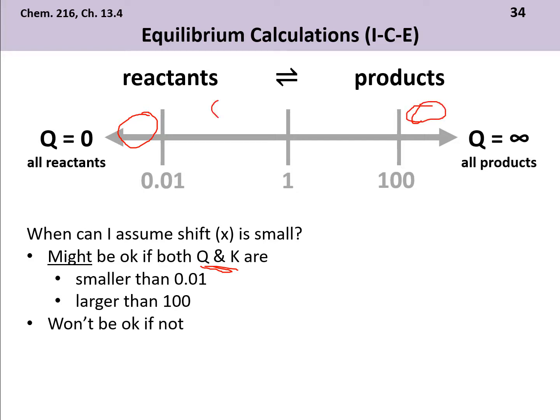But if Q is 2 and K is 3, that's a large shift. Okay? So they both either have to be greater than 100 or less than 0.01.